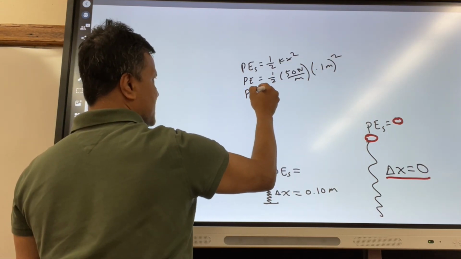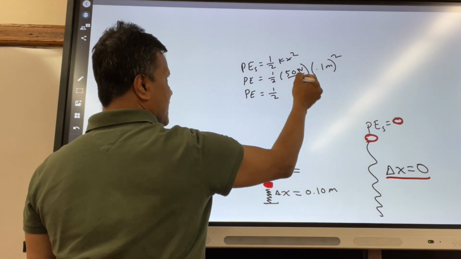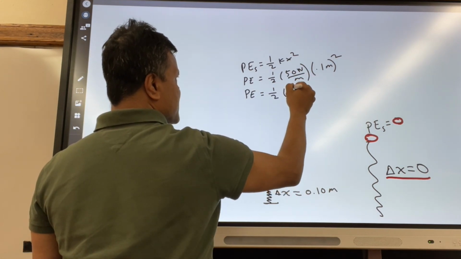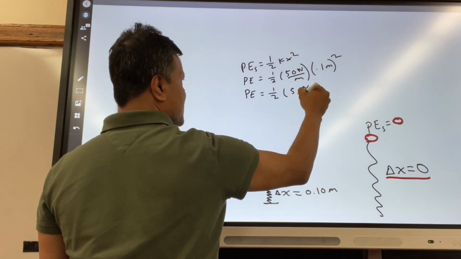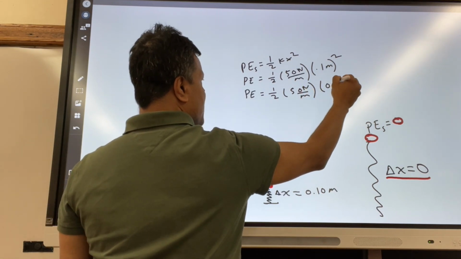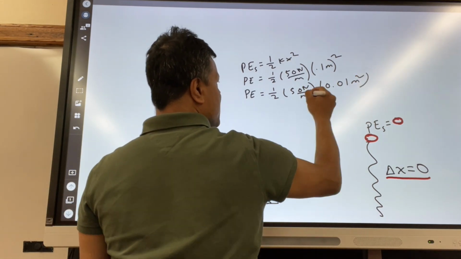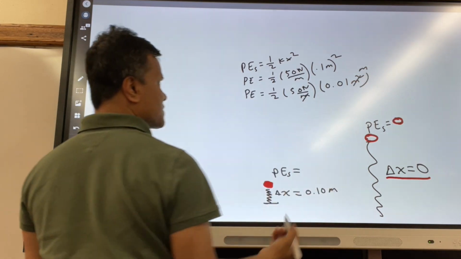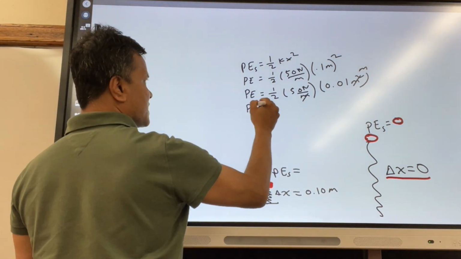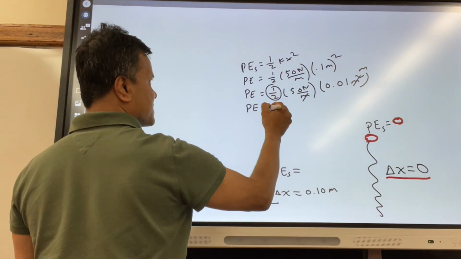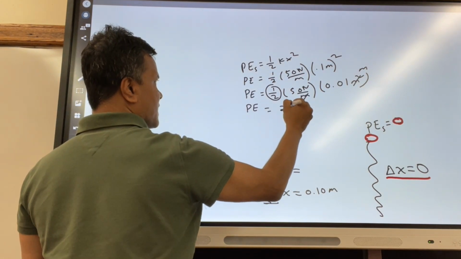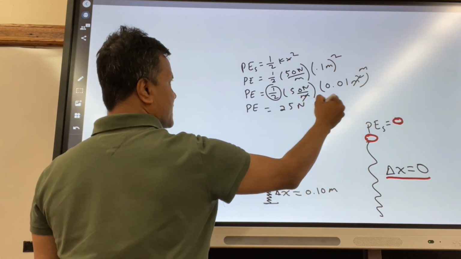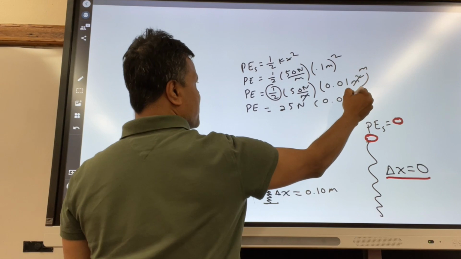So then potential energy due to spring is half times 50 Newton over meter times 0.01 meter square. Meter square, meter goes to meter square once, so half times 50 is 25 Newton, times 0.01 meter.